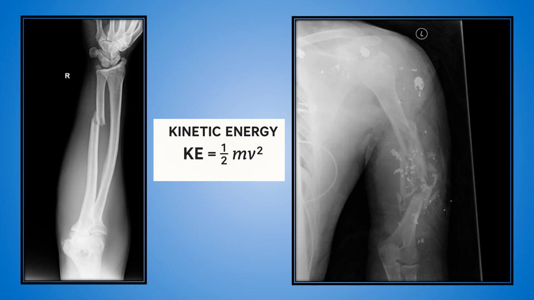As the velocity increases, this missile injury or the bullet will hit the bone and it will transfer a large amount of energy in a fraction of a second, and the bone will act as if it is a stiff material, while when we apply the energy at a lower rate, the bone will act as a flexible material. That's why we have on the left image a simple fracture, and on the right side we have a highly comminuted fracture.